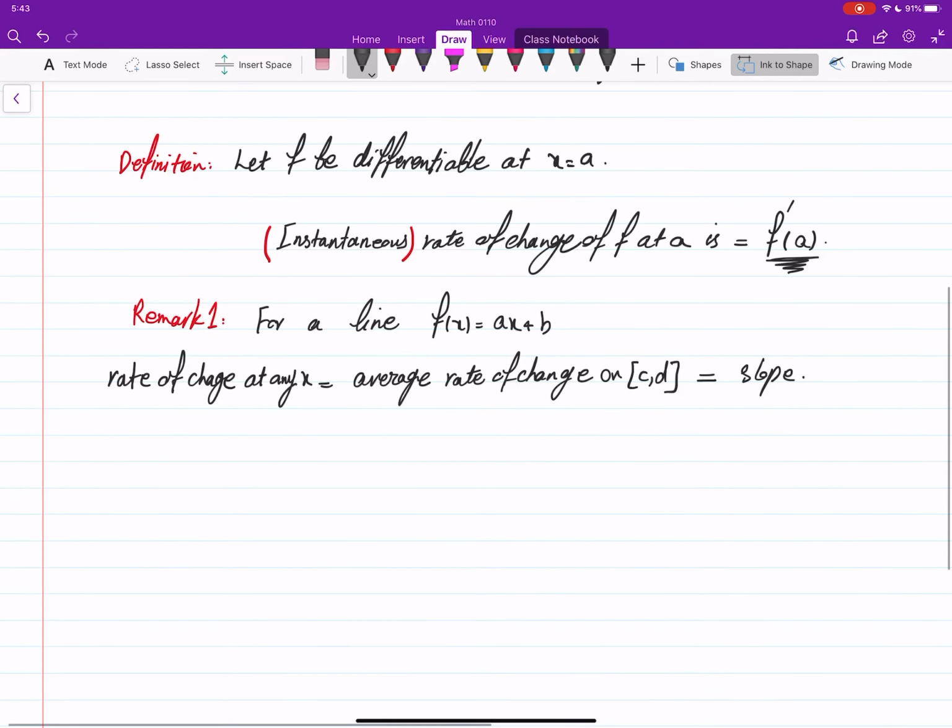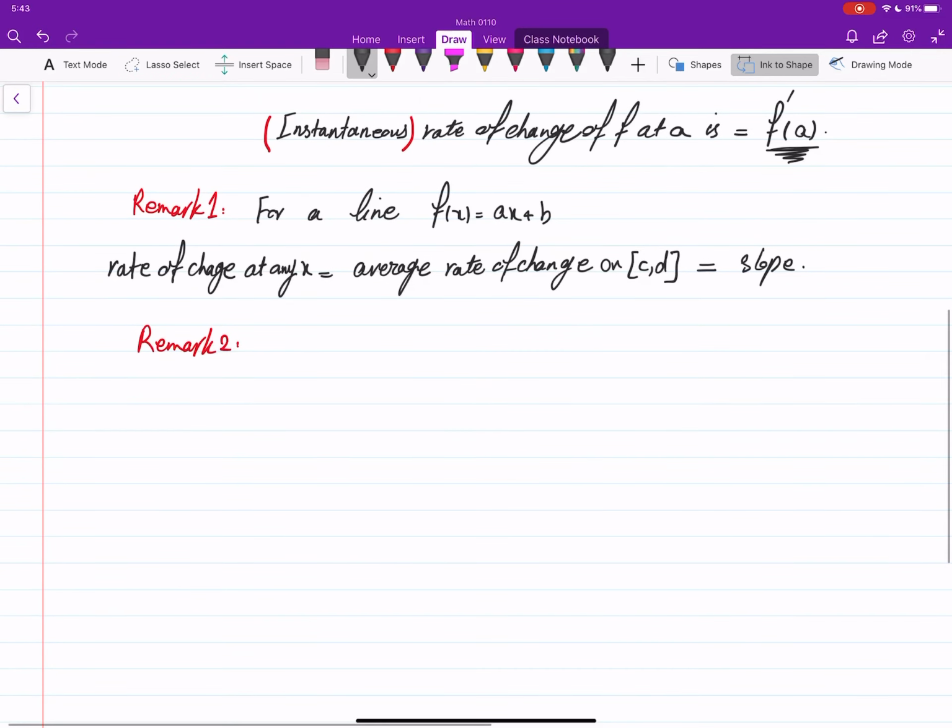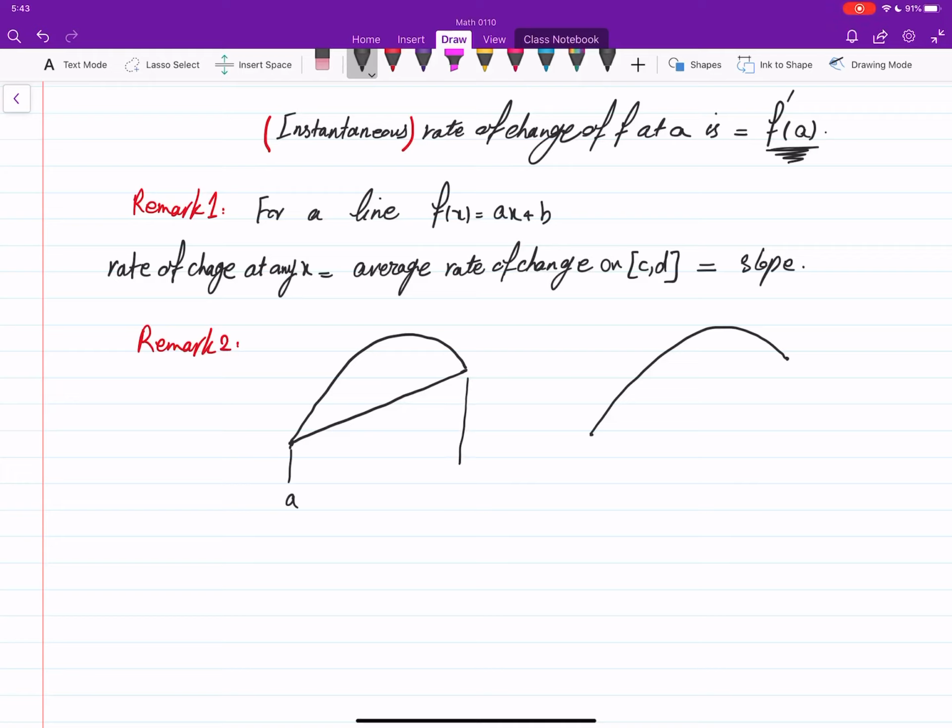That was the first remark. Remark 2 is that when you have a function, let's say this same function, and you have the average rate of change on the interval [a, b], remember this point here is going to be f of b and this is f of a.